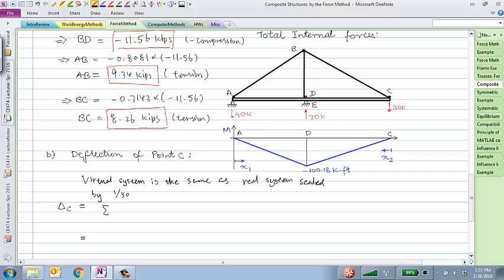So before that, we also need to add in those members from the truss structure. Since we have calculated here, we have minus 756, 9.34, and 8.26.